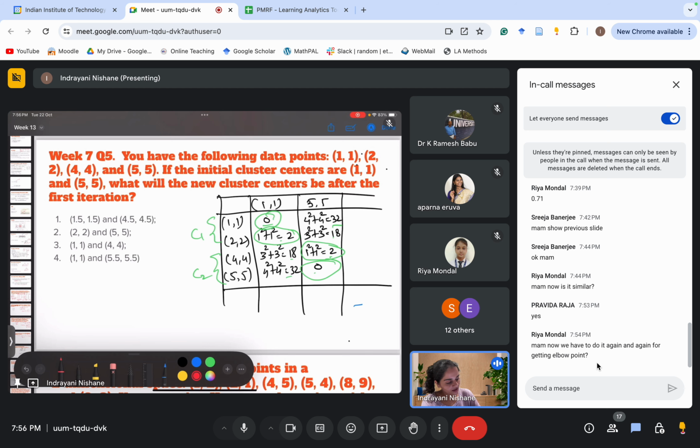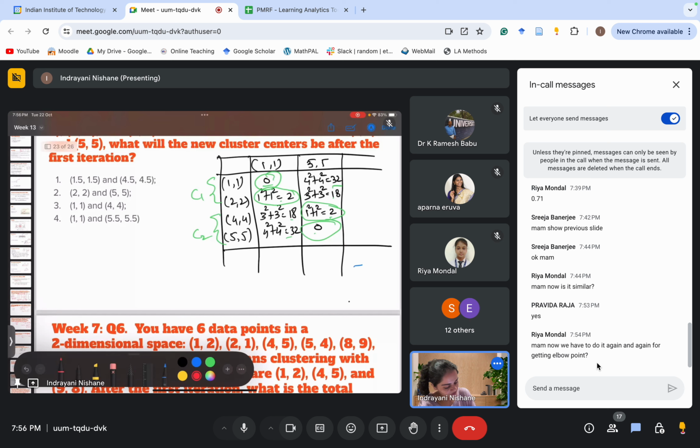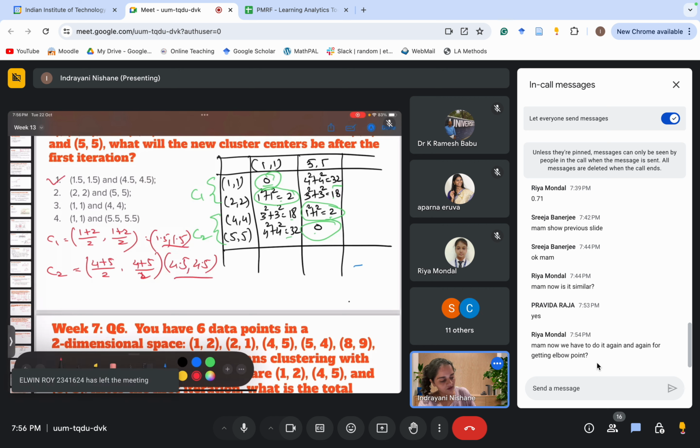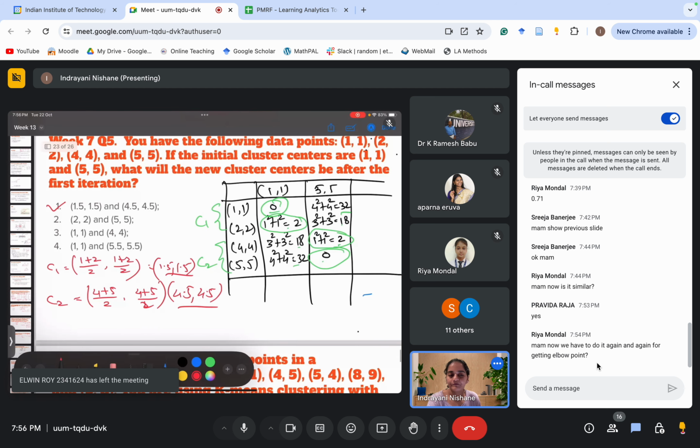So now in order to compute the new centroids, C1 is 1 plus 2 divided by 2 because there are 2 points, and C2 will be 4 plus 5 divided by 2. This is 1.5 comma 1.5 and this is 4.5 comma 4.5. Option 1 is the answer.